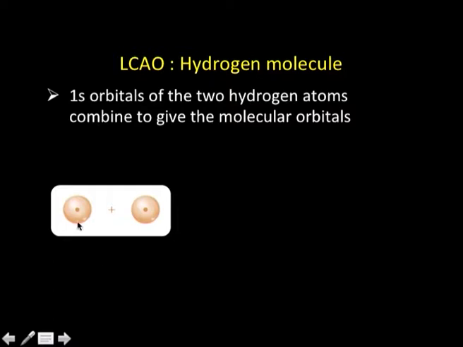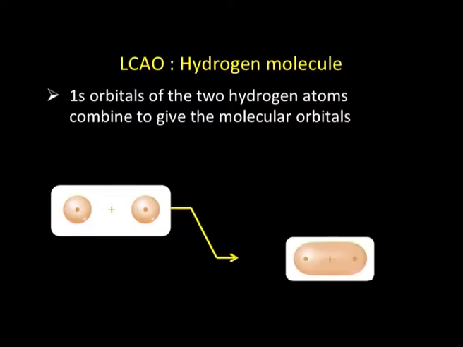So, these are the two atomic orbitals: the 1s orbital of atom 1 and the 1s orbital of atom 2. The two will combine together. When you do a linear combination, the atomic orbitals of the two contributing atoms can combine constructively or destructively. When they combine constructively, that is, this plus this, an additive combination, we find that the resulting molecular orbital looks something like this.